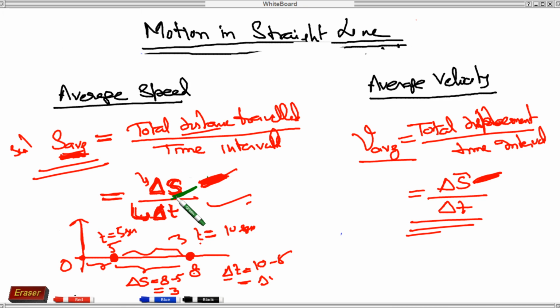This one is distance and this one is displacement. So this is how we are going to calculate the average velocity and average speed. Because in the case of average velocity, we will be considering the displacement.